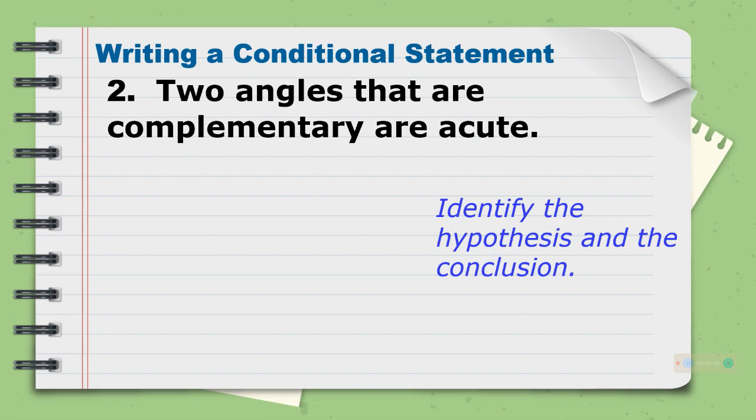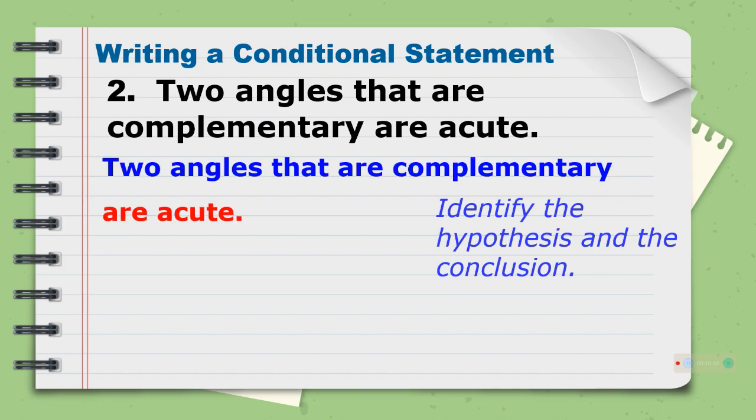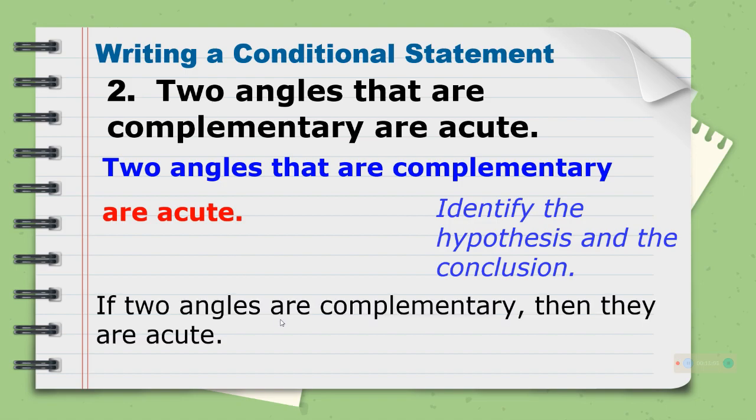Two angles that are complementary will be the hypothesis. Acute will be our conclusion. Therefore, using the if-then form, we have: if two angles are complementary, then they are acute. Okay, any question?